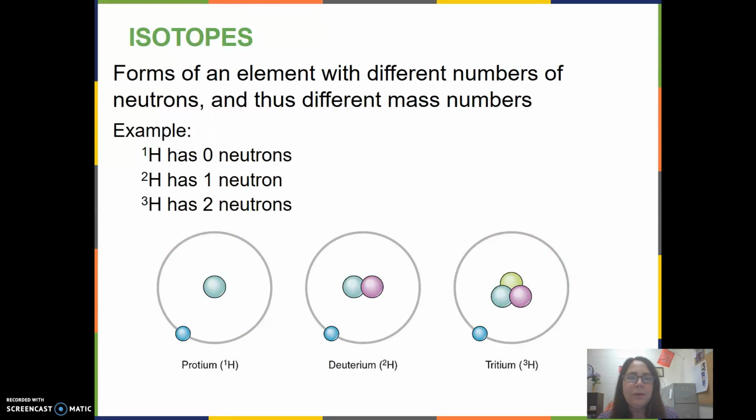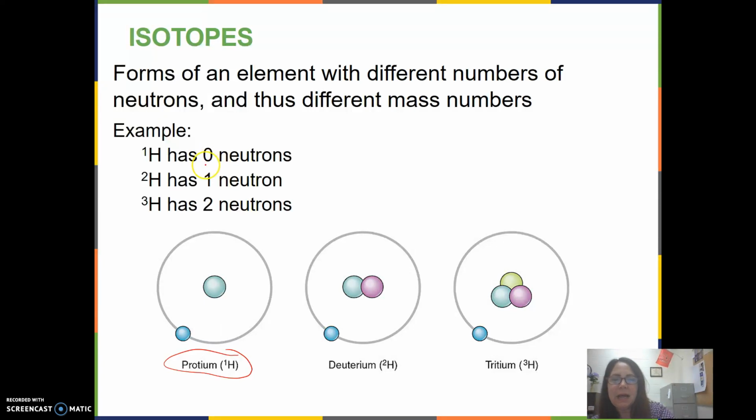So let's look at another example of isotopes. There are 3 forms or 3 isotopes of hydrogen. Hydrogen 1 is the most common form, and it is called protium. And if we call it hydrogen 1, that means 1 is the mass number, okay? So for hydrogen 1, the mass number is 1.